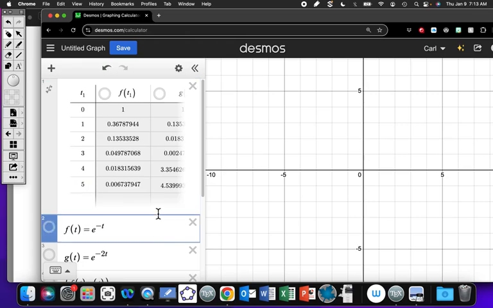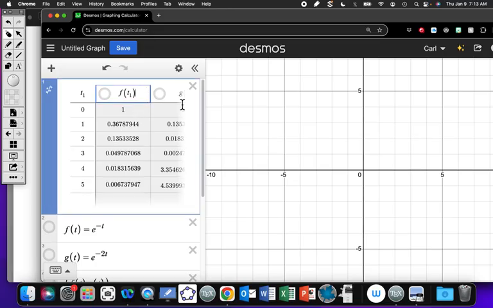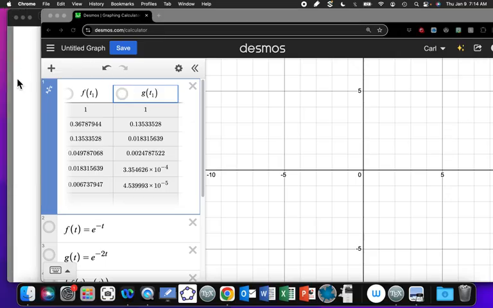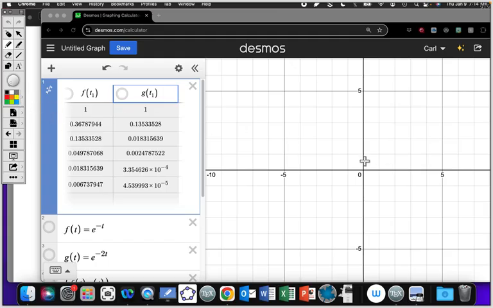And here come the decimals, right? So we got the decimals here: 1, 0.36, 0.13, 0.09. So we're starting here at the point (1, 1). So if I look here, we've got the plane here.